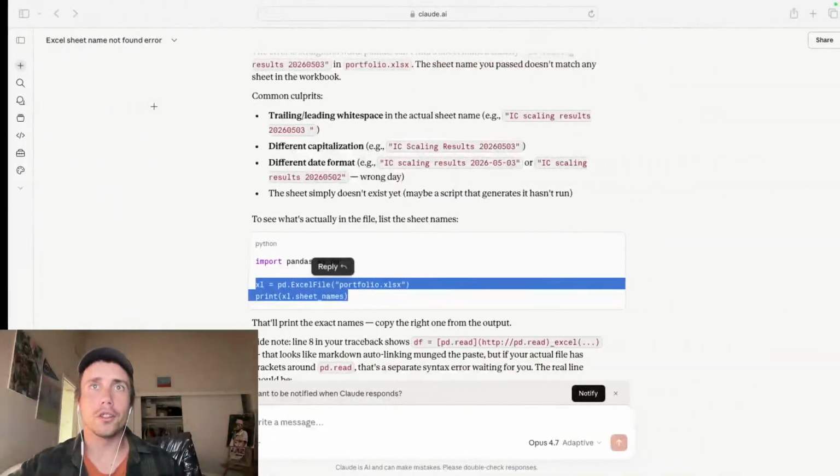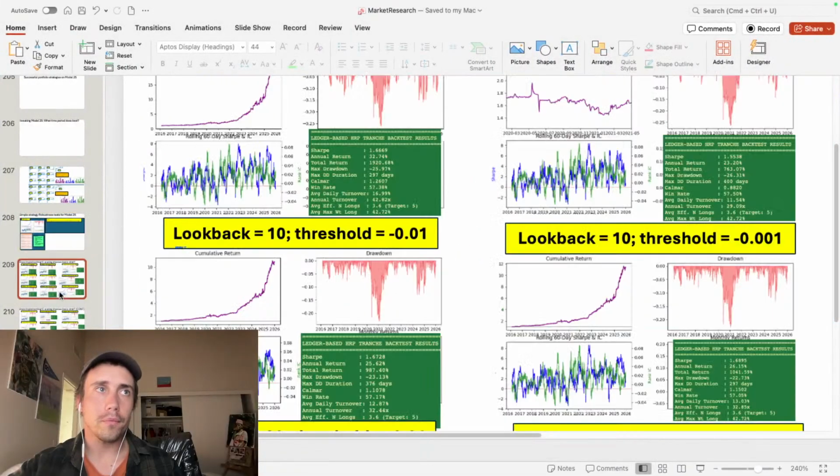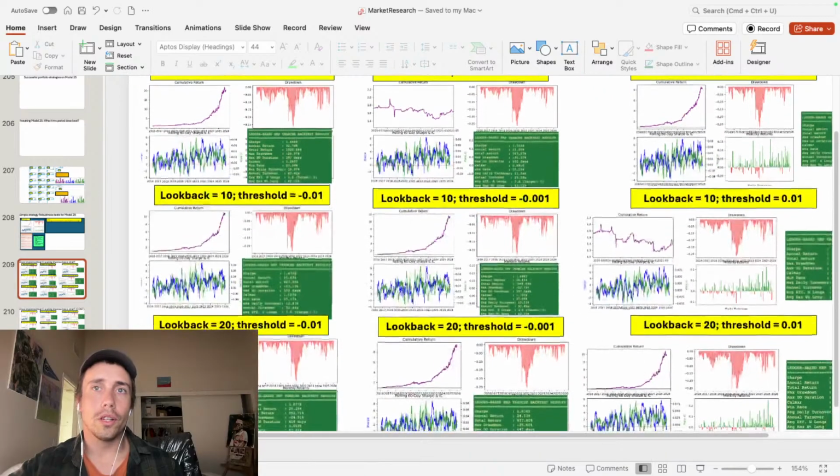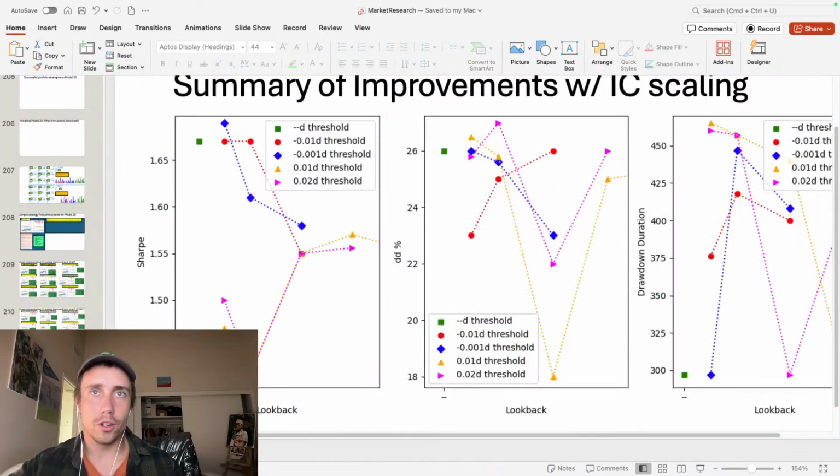Anyway, then I was looking through how to. I was trying to see this good strategy I had, top left. I was trying to see, can I change the parameters to bring the drawdown, the scale of the drawdown lower, and or the drawdown duration lower.